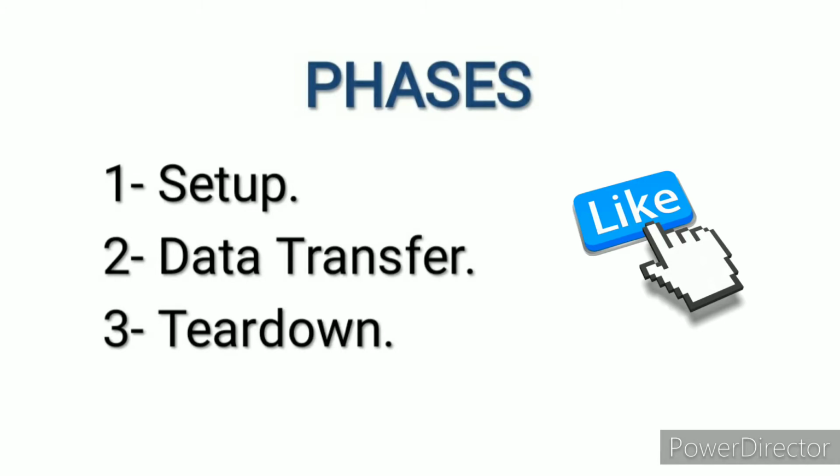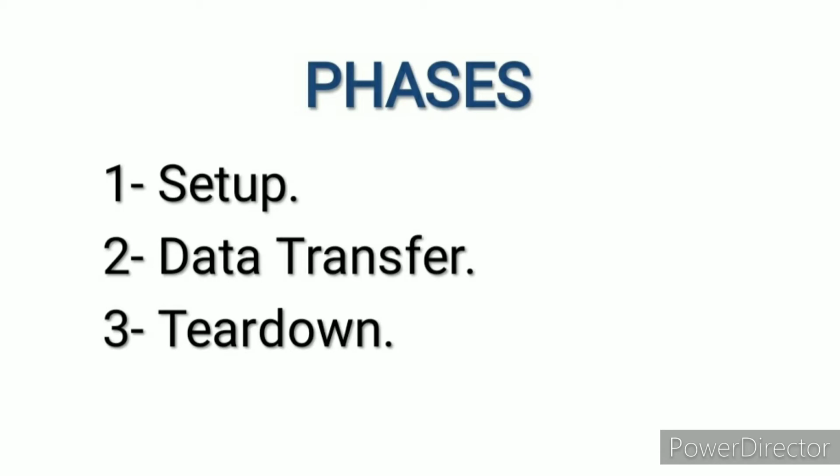Now coming to the 3 phases. There are three phases in the case of virtual circuit approach. The first one is setup phase, the second one is data transfer phase, and the third one is tear down phase. In the setup phase, whenever data has to be sent from the source to the destination, the source has to set up a virtual connection, that is the path between the sender and the receiver. That is called setup phase. And what is data transfer phase?